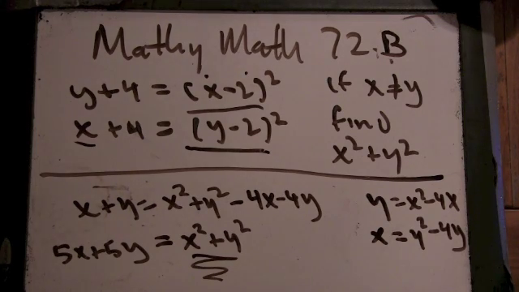So, what can we do? So we need to get an x plus y. But we seem to be getting a bunch of x squareds. Okay.